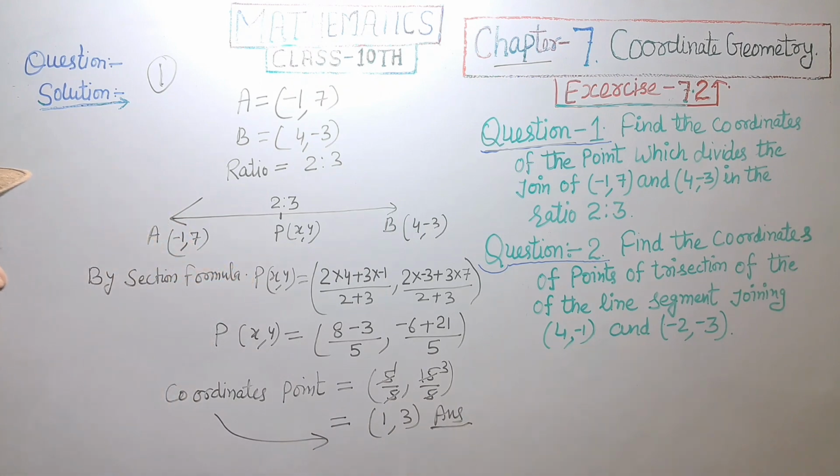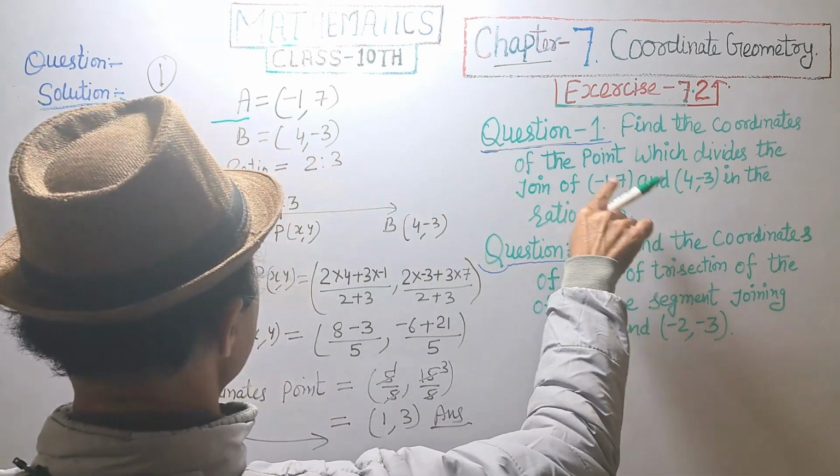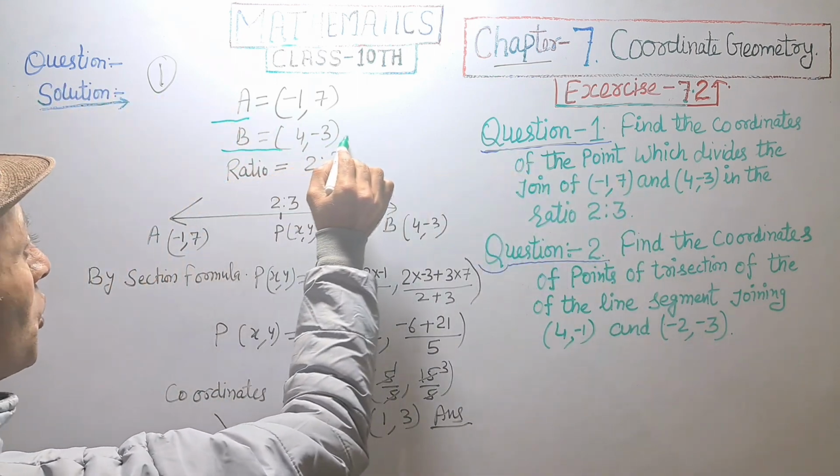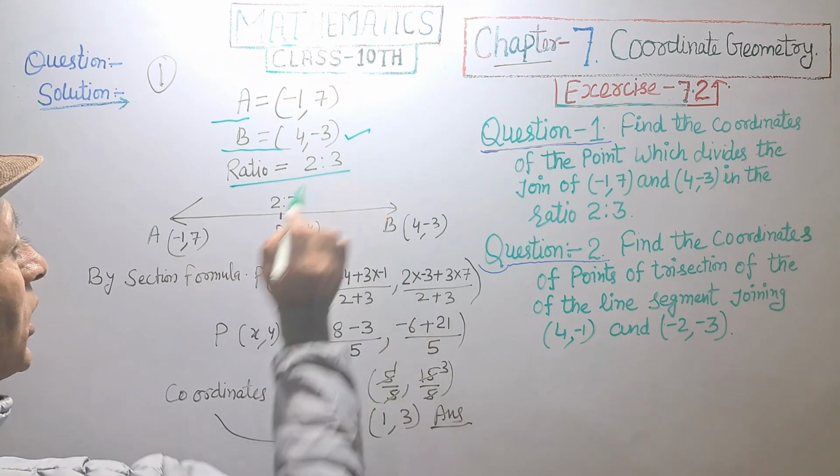Answer. Given A, that is -1 and 7, B is equal to 4, -3, given ratio is 2:3.